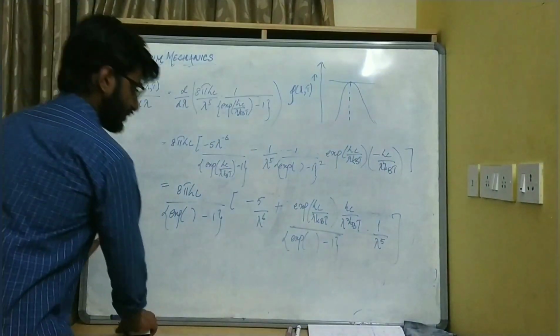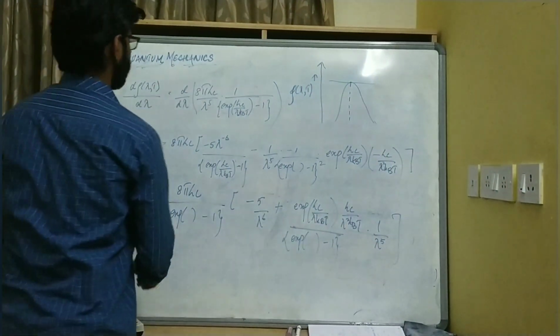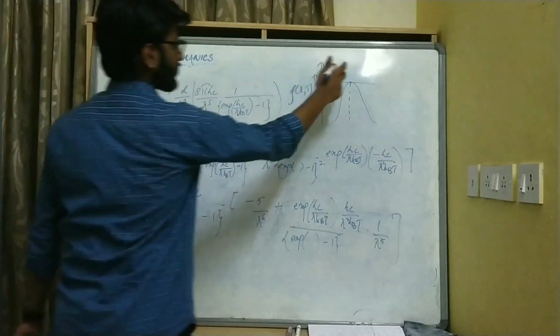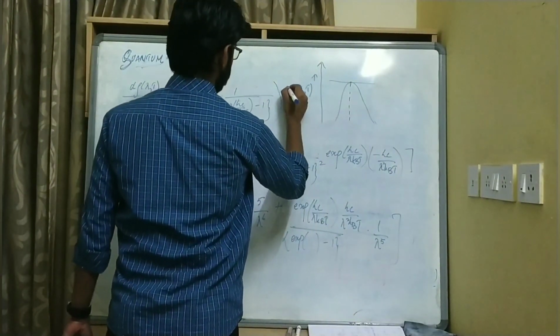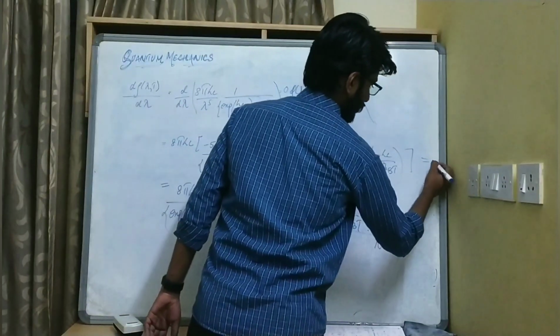So this term and the derivative of this at this point should be equal to 0. So putting this whole as 0.